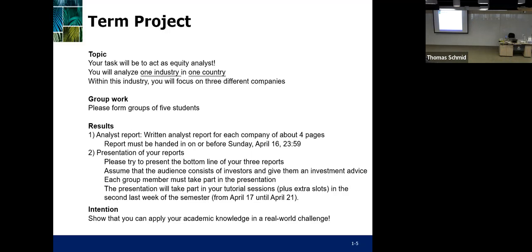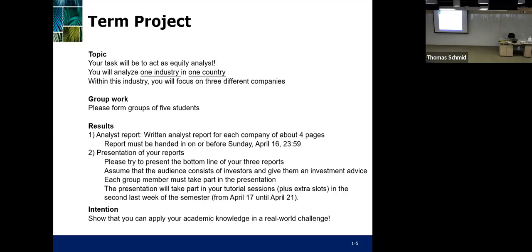You can freely choose your group across all subclasses and across all tutorials. At the end, we will have to make sure that every group finds a time spot that is convenient for them. But I'm sure that will be okay, because especially in the evening times, typically you do not have other tutorials or lectures.